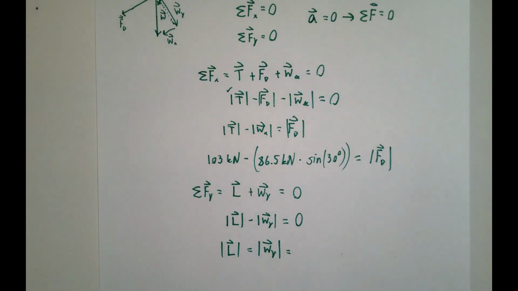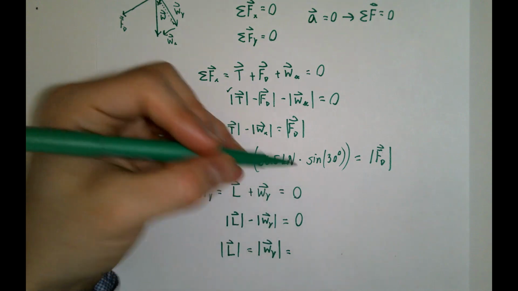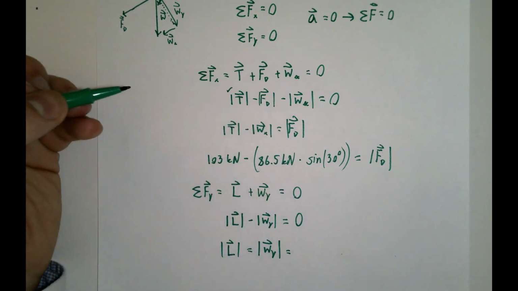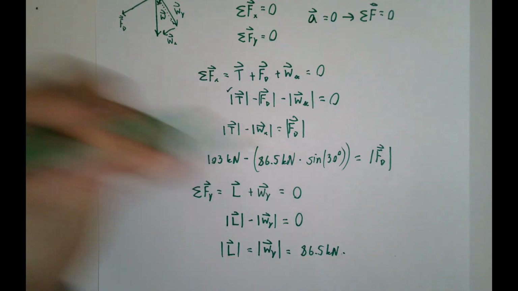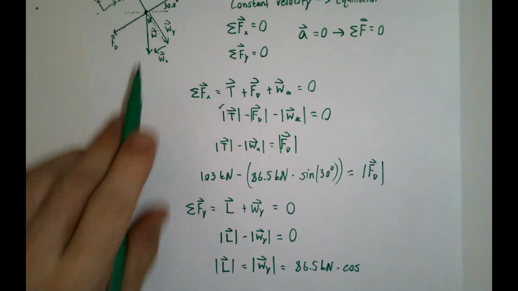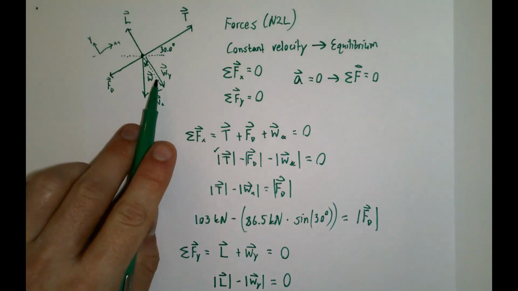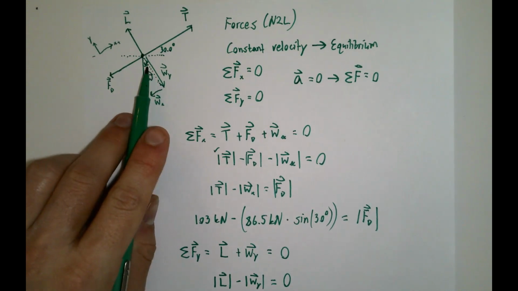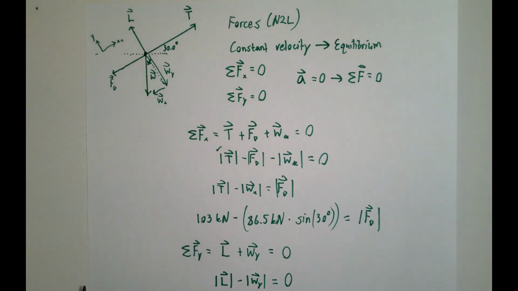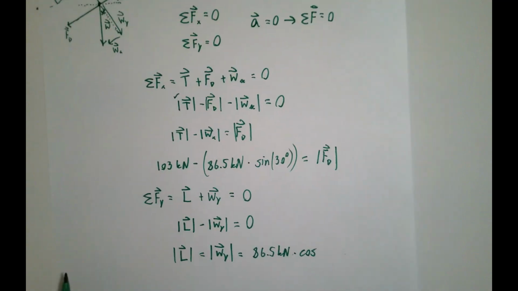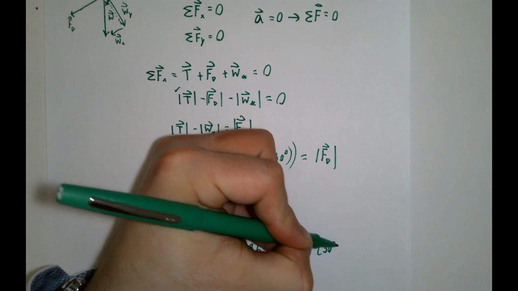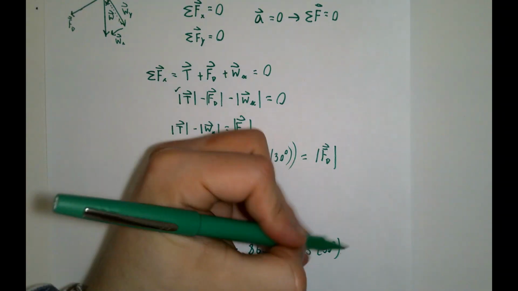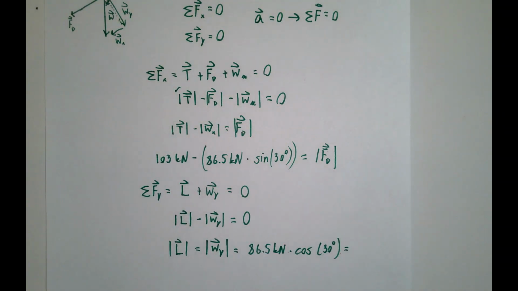We know that our weight in y is, this time, weight times cosine of 30 degrees, so 86.5 kilonewtons times cosine, right? Because that would be the adjacent side here. Adjacent to the 30 degrees is the weight in y vector. So times the cosine of 30 degrees, and that should be what our lift force is.